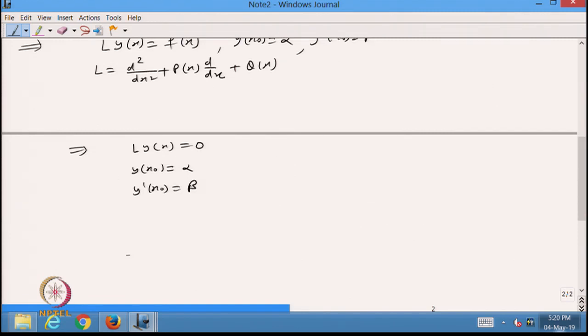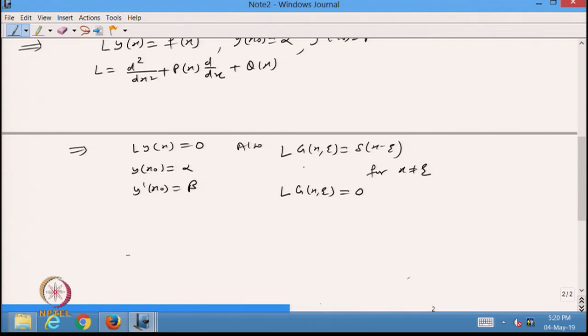But I also know that L of g(x) is equal to the delta function, and for x not equal to xi this equation becomes equal to 0.